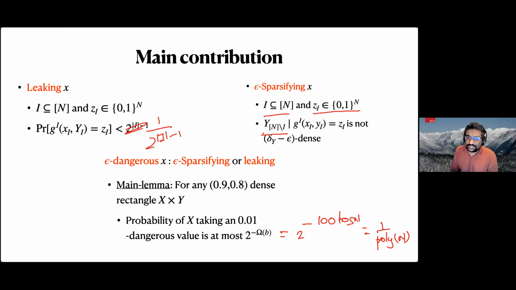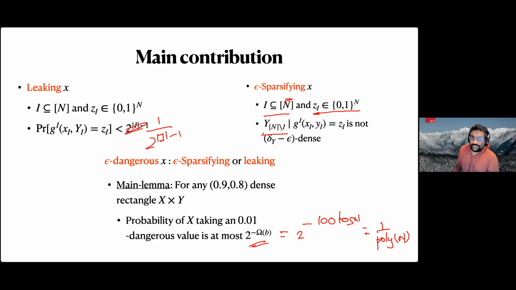These definitions work with all kinds of subsets I and all kinds of values zi, so usually you do this by union bounding. X is epsilon sparsifying if there exists one of them, so you'd show that the probability that X is sparsifying for a particular I and zi is very low, and then take a union bound over this. Any of these probabilities have to be something like 2 to the minus omega of b, because the gadget is only like 3 bits in length.